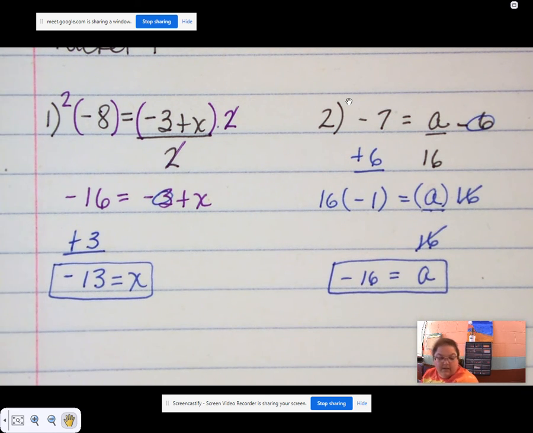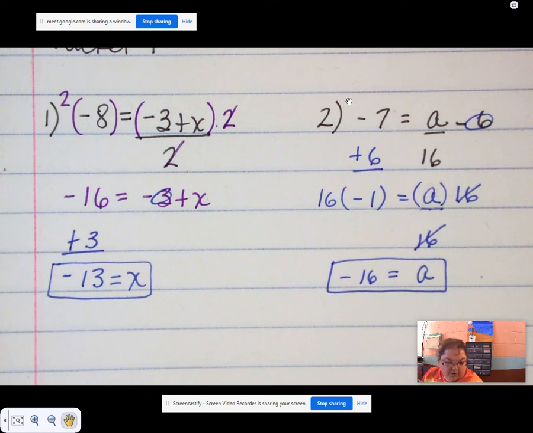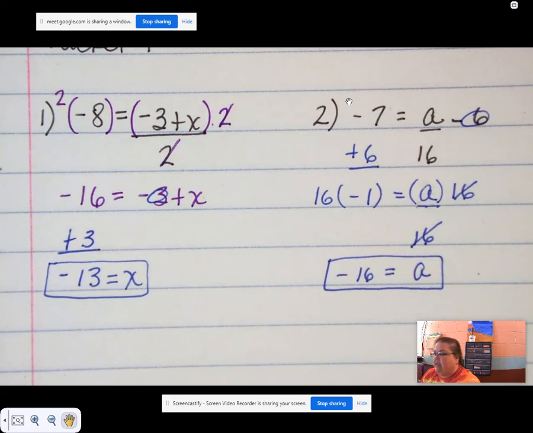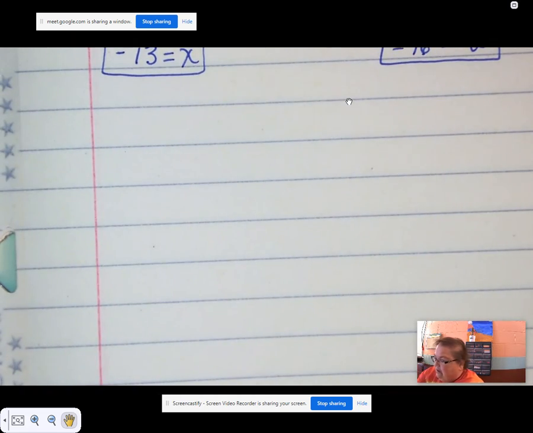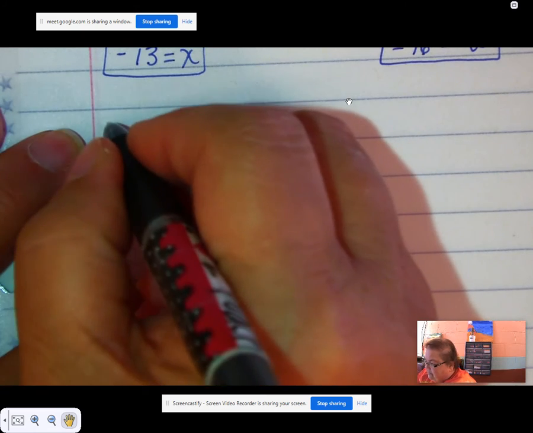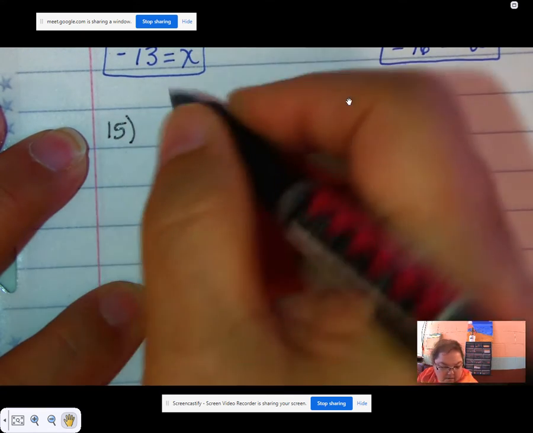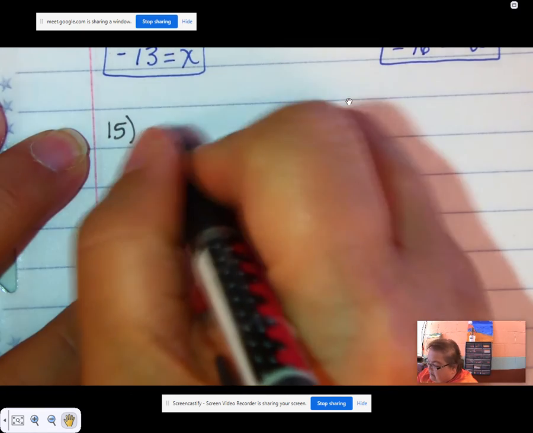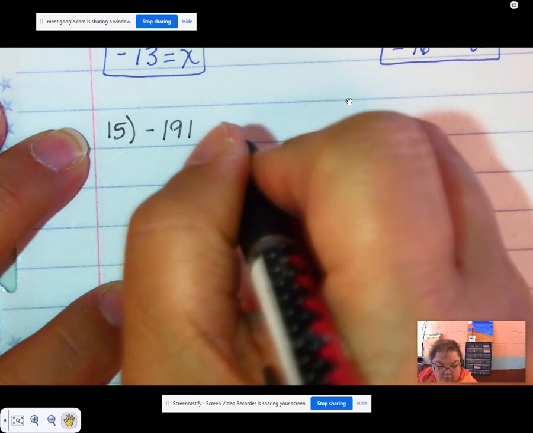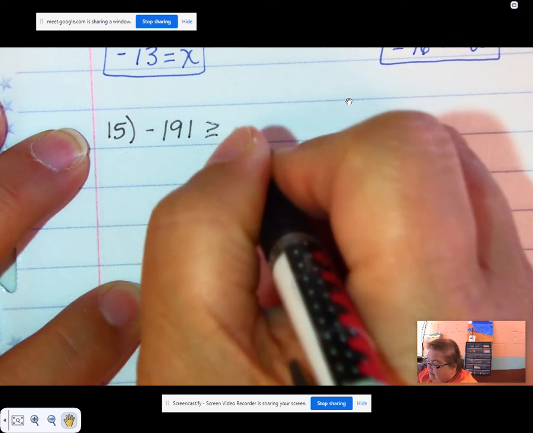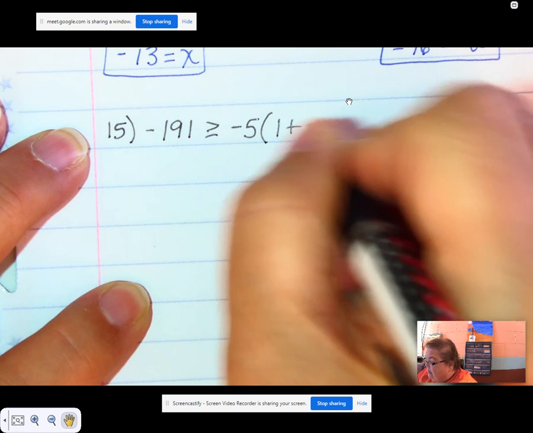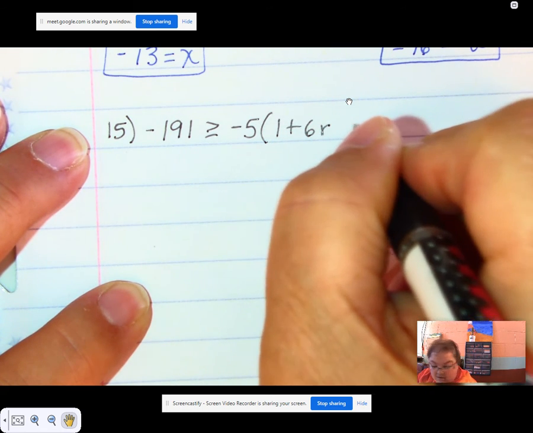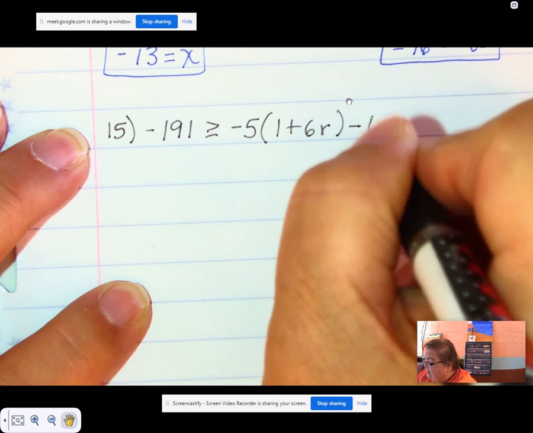Now we're going to look at number 15. And that's also an odd one you did not do. So everybody needs to write number 15. Negative 191 greater than or equal to negative 5 parentheses 1 plus 6r minus 6.